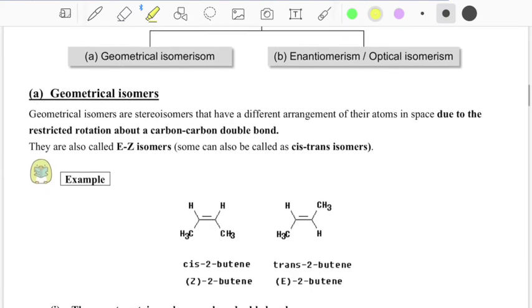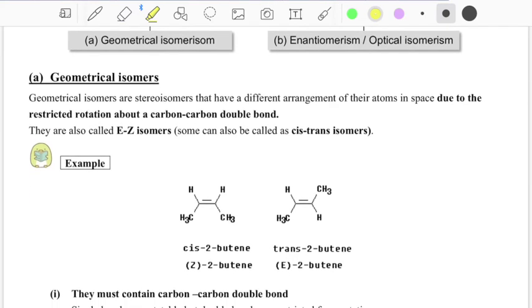Geometrical isomers are stereoisomers that have a different arrangement of their atoms in space due to the restricted rotation about a carbon-carbon double bond. We use E or Z to distinguish the two isomers.